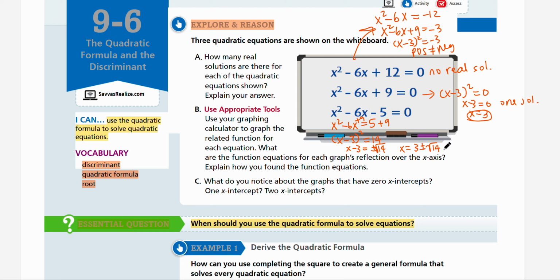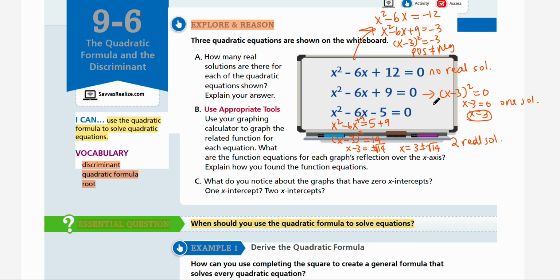So this is not factorable, but you can use the completing the square method to figure this out. So we have 2 real solutions, right?